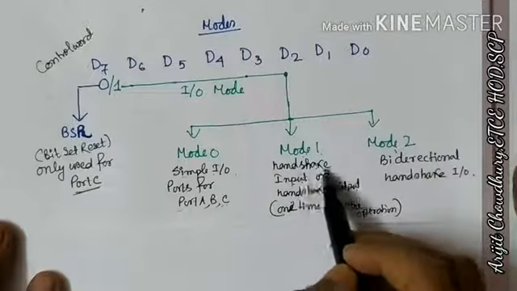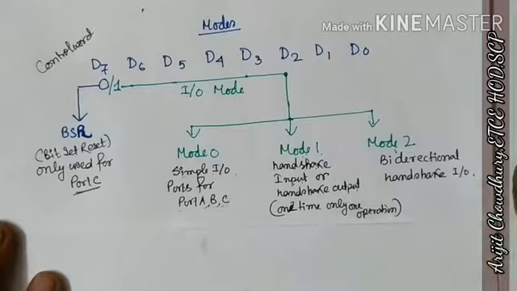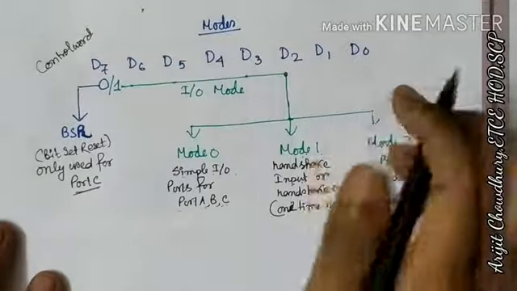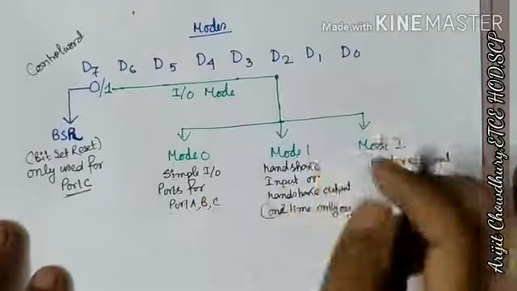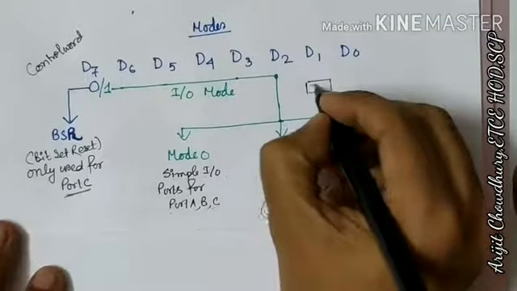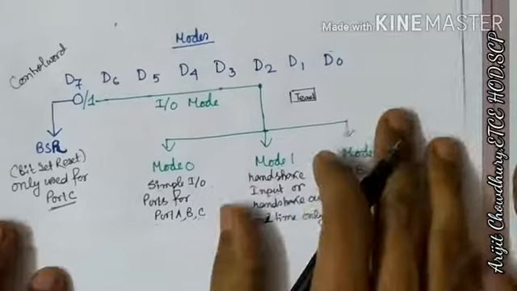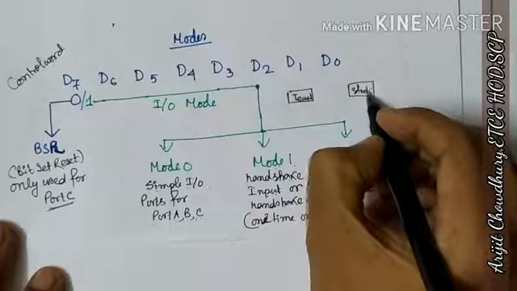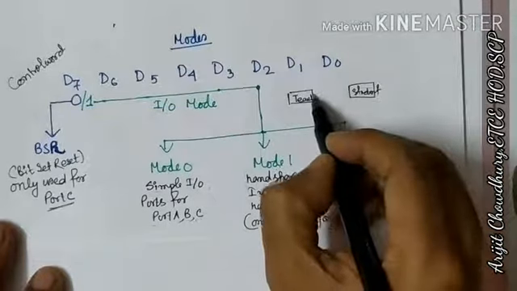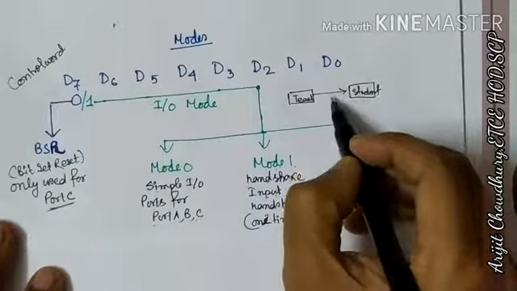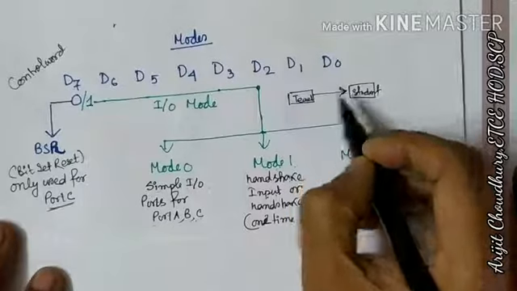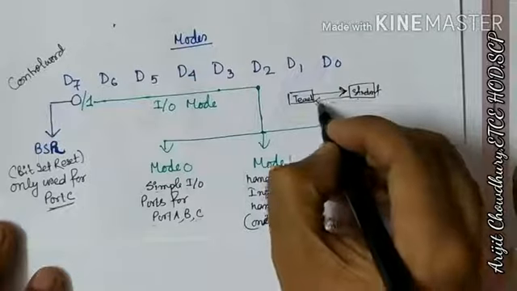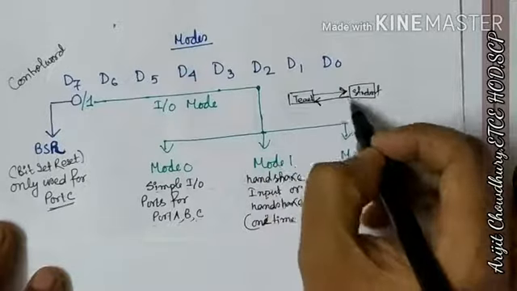What is handshake? Handshake signal. I have already discussed handshake in the previous class. Handshake means acknowledging. When a teacher calls the roll number, the student responds to this calling.